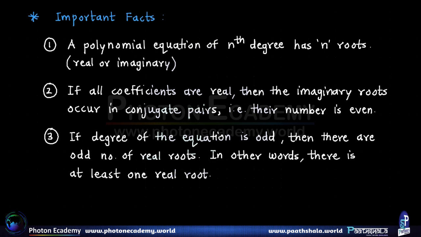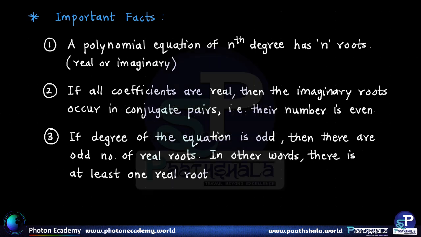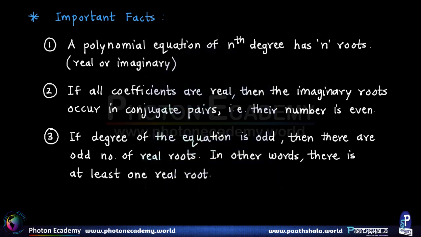So in other words, it means that there is at least one real root, because if the degree is odd, then it must have at least one real root, so that the remaining roots could be imaginary since they occur in pairs. So these facts we have to keep in mind while solving the examples.